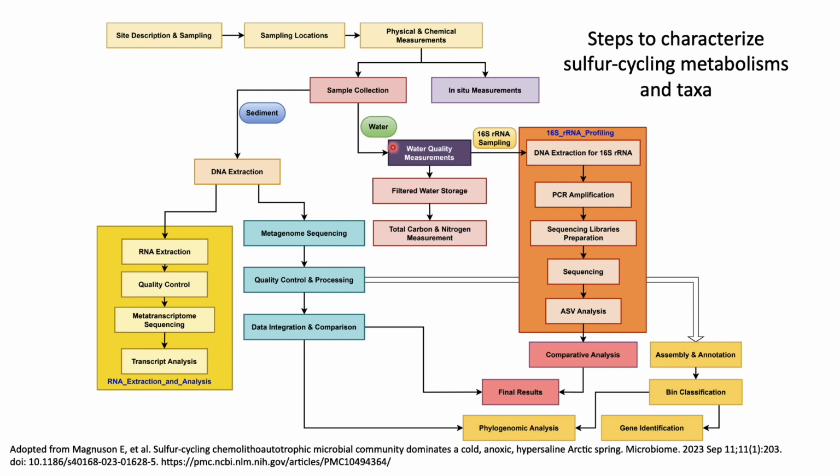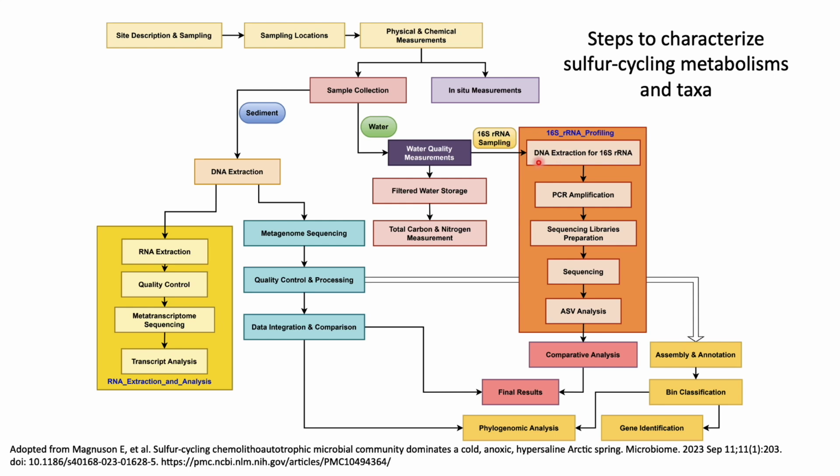And then the water sample is first measured for quality, and then it goes to filtered water storage for future analysis, and then from there people study the total carbon and nitrogen measurements, and the other set of sample is taken for the biological profiling, that is 16S RNA sampling.